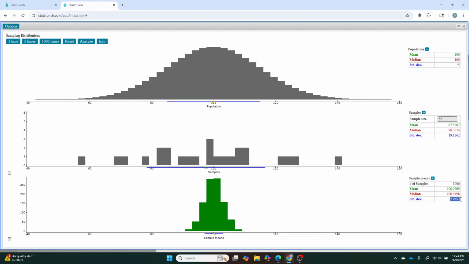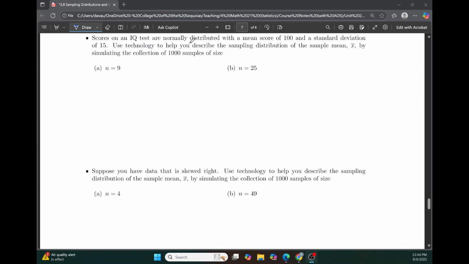And the standard deviation is about 3. The square root of 25 is 5, and 15 divided by 5 is 3. So that seems to be holding up. So it seems like the central limit theorem holds pretty well whenever you have a bell-shaped distribution that you're drawing from. Now you can write some of those observations down here.